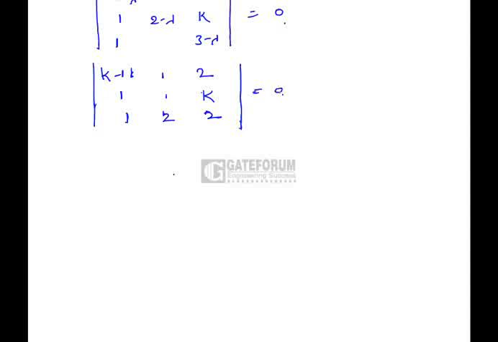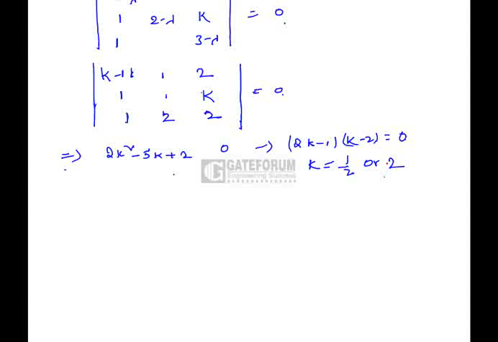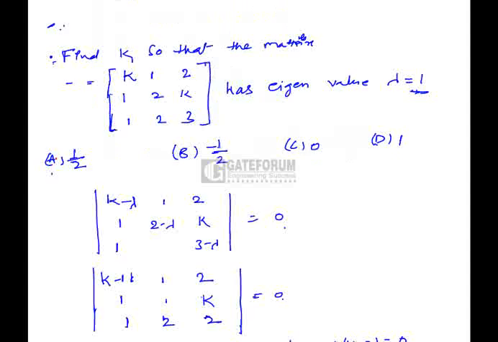If we simplify this, we get 2k square minus 5k plus 2 is equal to 0, which implies (2k minus 1) into (k minus 2) is equal to 0. So here k is equal to 1 by 2, or k is equal to 2. One of the options is 1 by 2, so the correct option is option A.